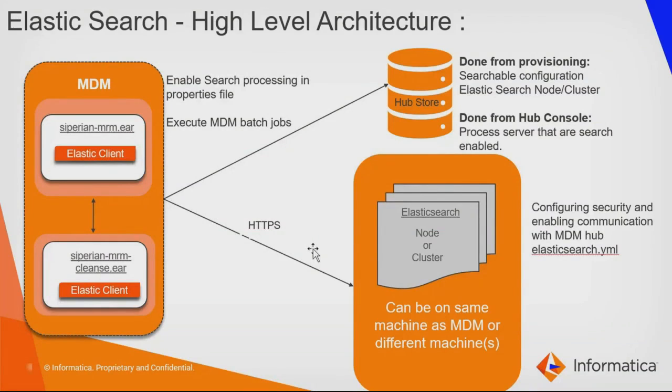The way it does this is from the infrastructure setting, under the Elasticsearch cluster, where we define the ES URL in the provisioning tool. The important point here is that the call is HTTPS based, a secure communication. And those secure configurations we do under the elasticsearch.yml file. That's a quick overall architecture of Elasticsearch.